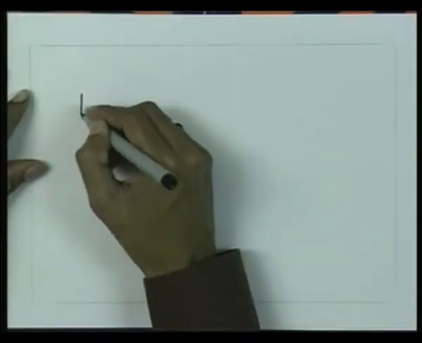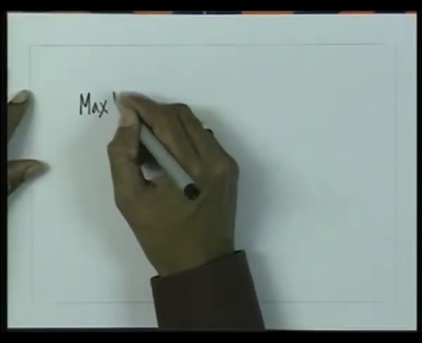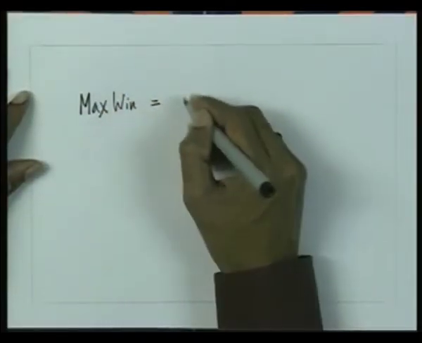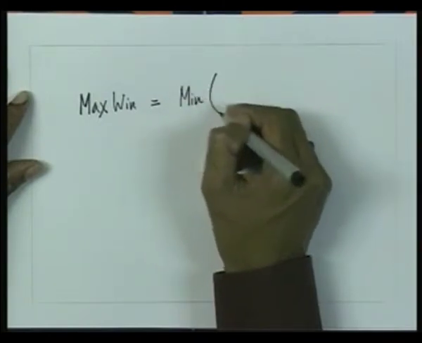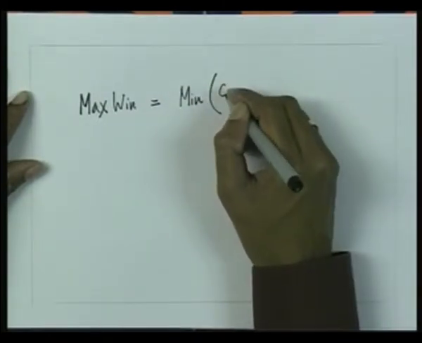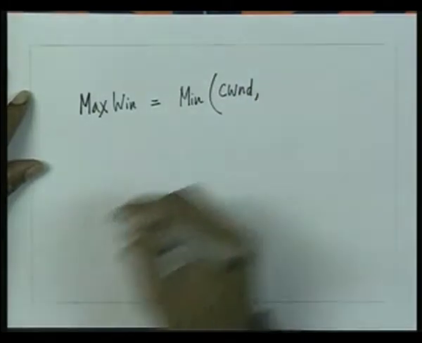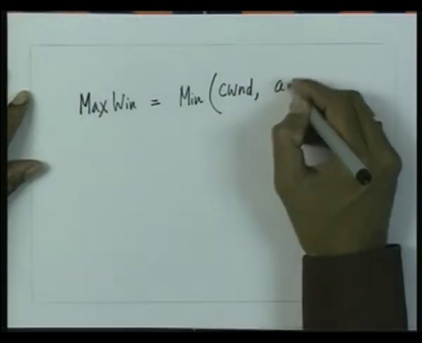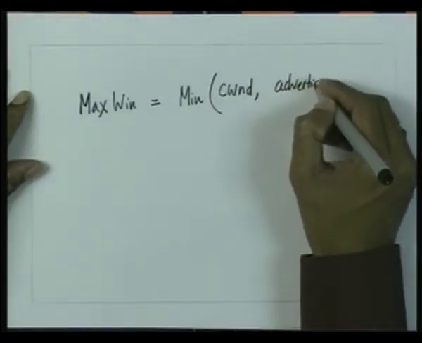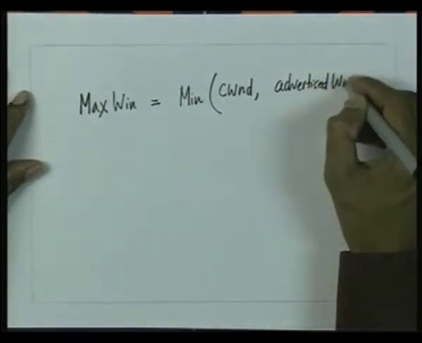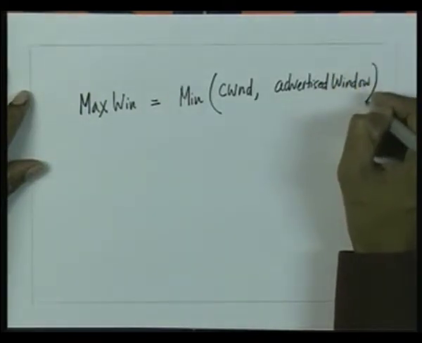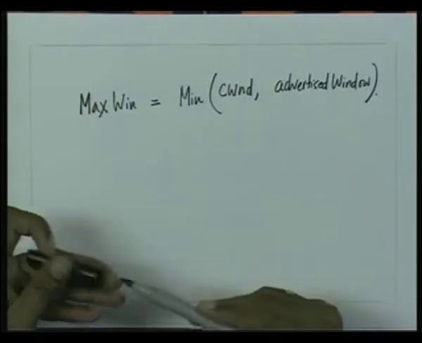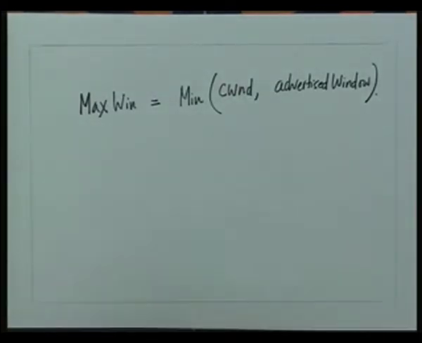So the maximum window size can only be the minimum of the congestion window, that is CWND, and the receiver's advertised window. This only will determine the maximum amount of window size.